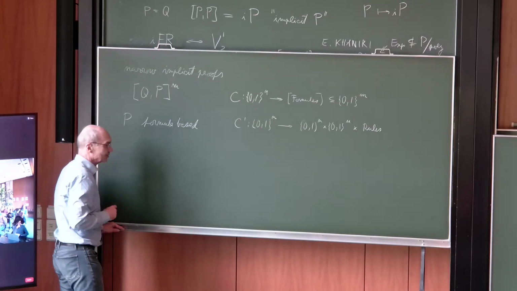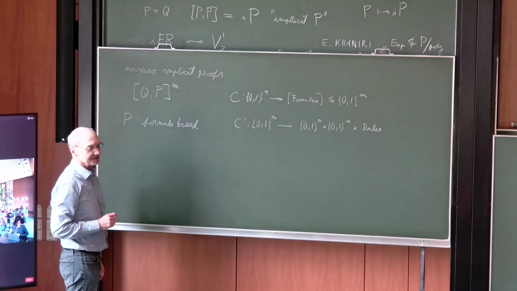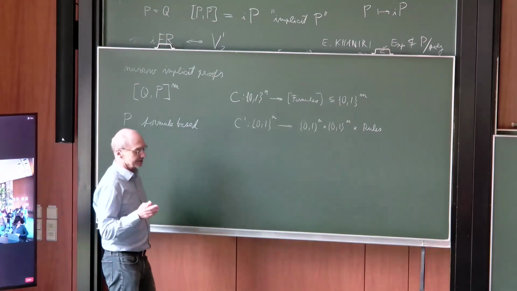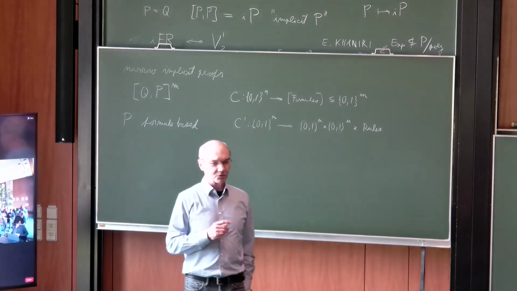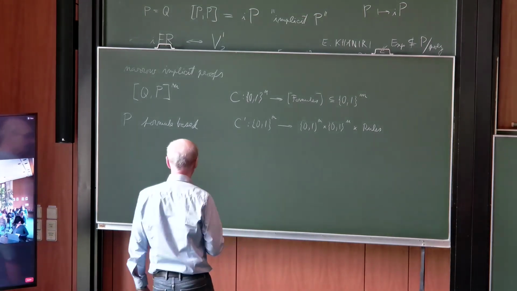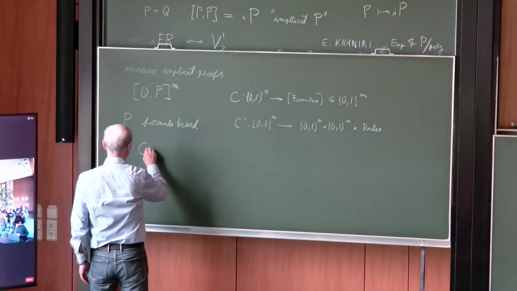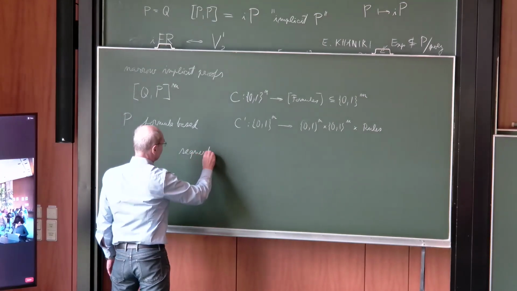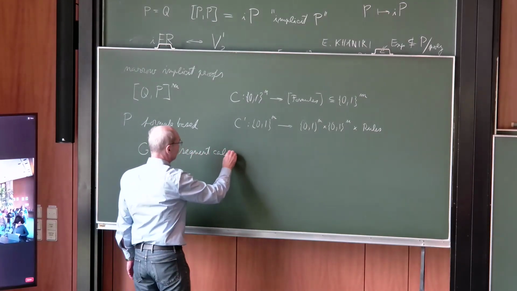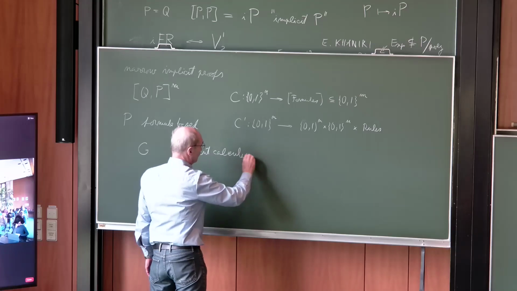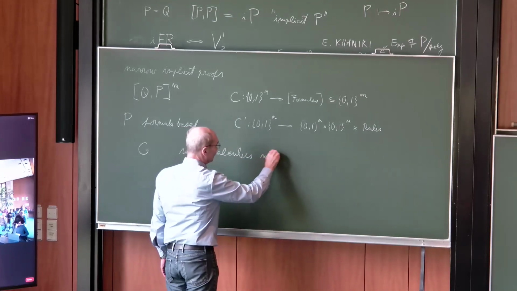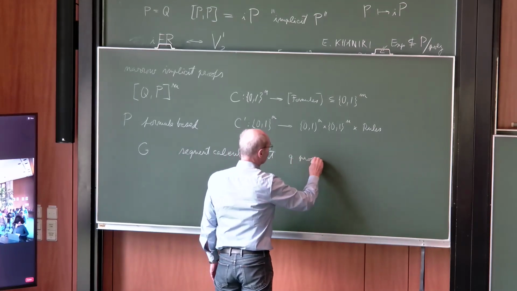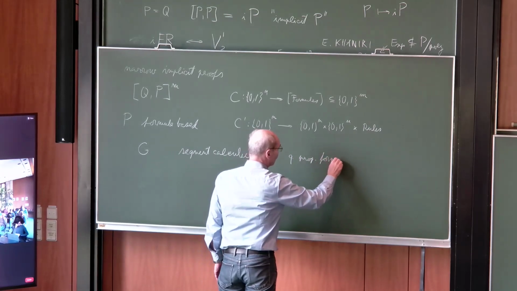So what I need moreover are quantified propositional calculi. These are calculi that deal with quantified formulas. They're denoted by G, and this is sequent calculus operating with quantified propositional formulas.